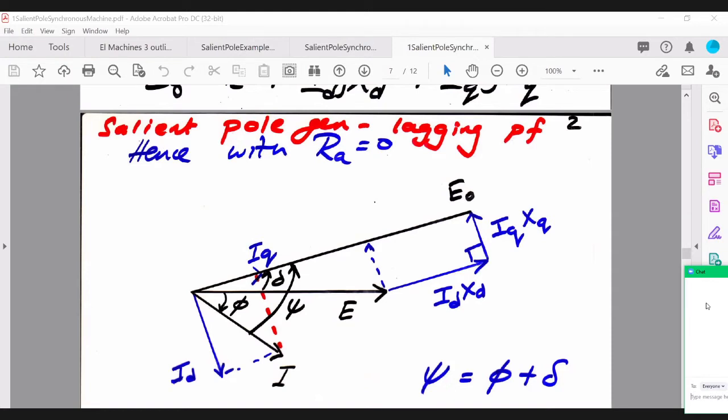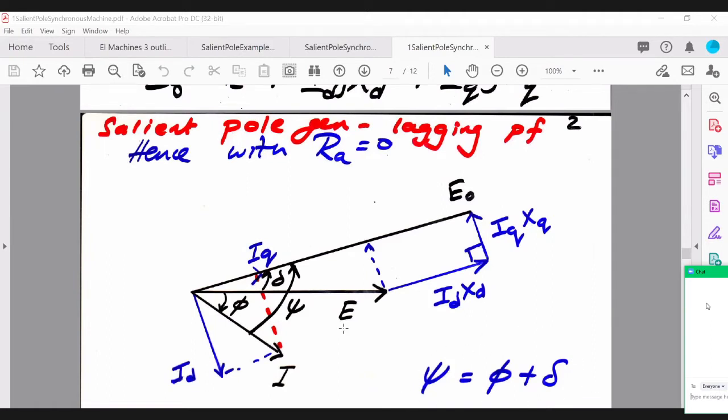You need this phasor to position your current IQ: if you have the current I here, IQ will be along E naught, and ID will be 90 degrees with respect to IQ. The positioning of those two phasors generates a certain angle, which I've written here.